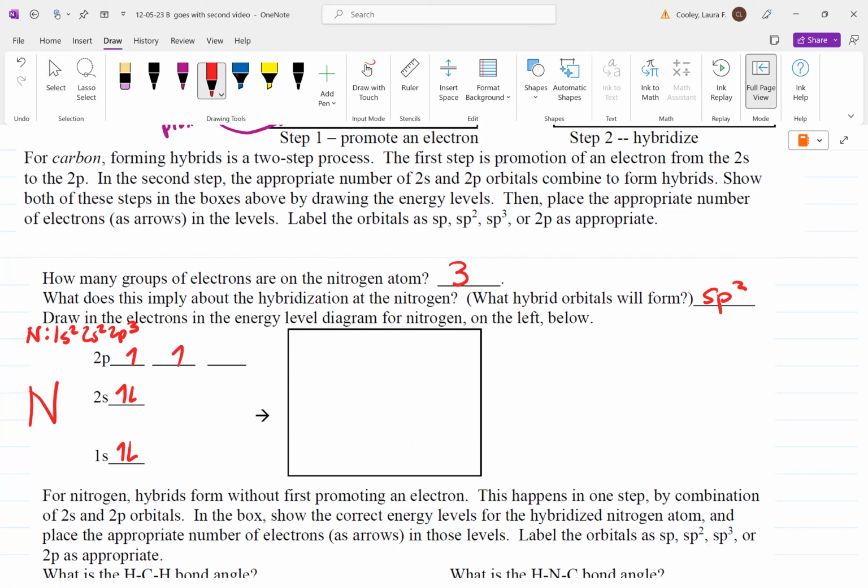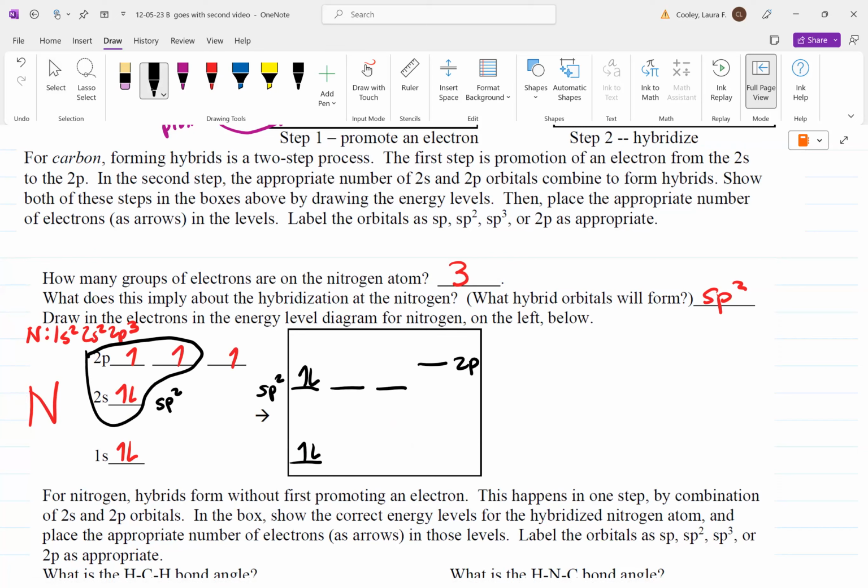So we have 3 half-filled orbitals. But again, we need to hybridize. So since we want sp2 hybrids, we're going to pick 1s and 2 p's. We'll make 3 sp2 hybrids. We have a leftover 2p orbital.